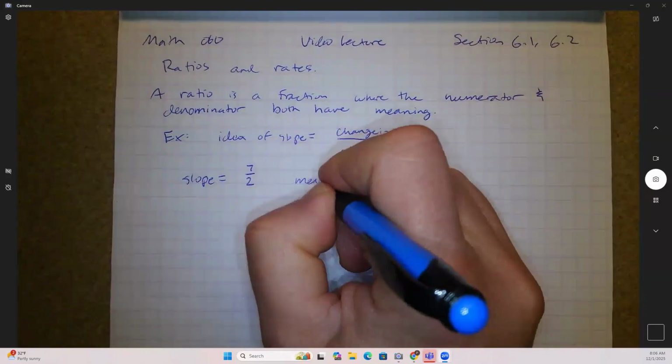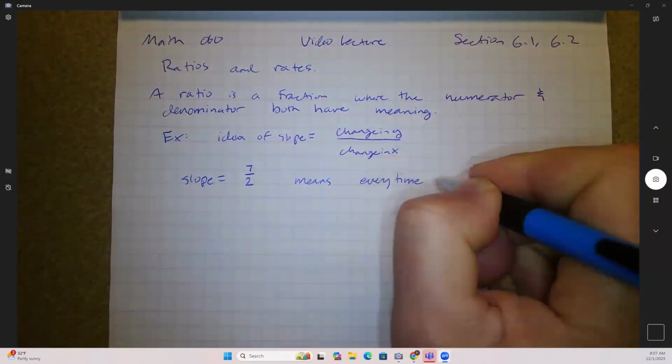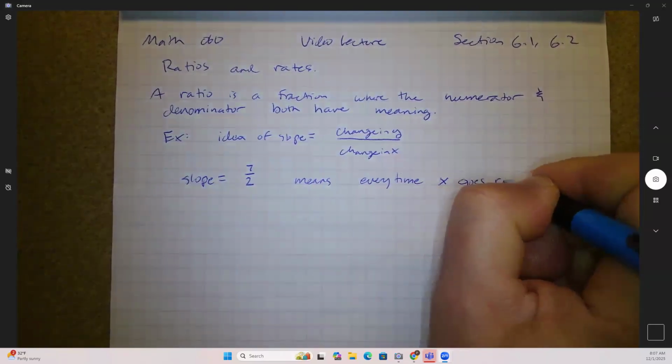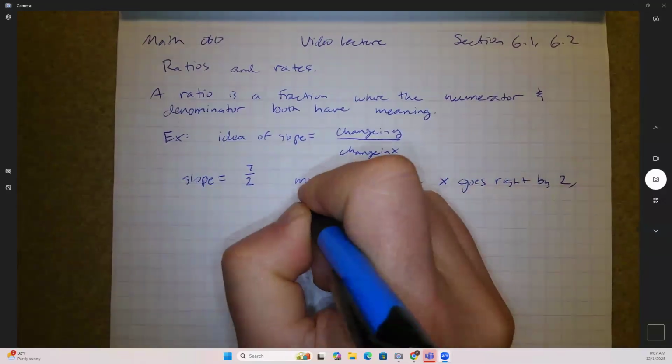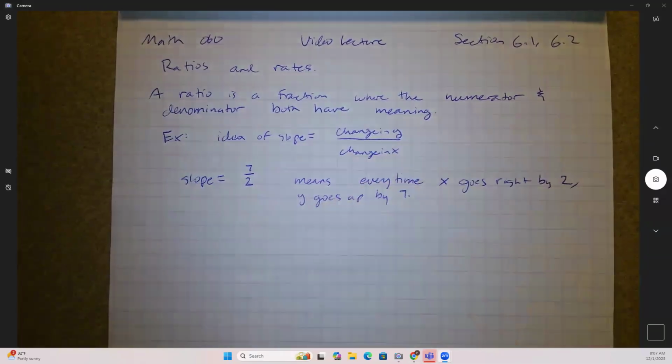This means every time x goes right by 2, y goes up by 7. The top and the bottom have some meaning.